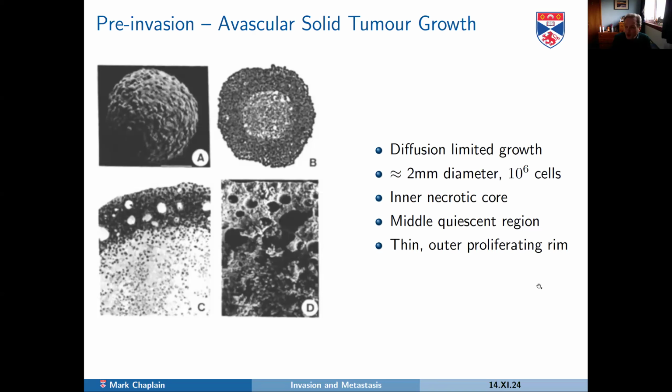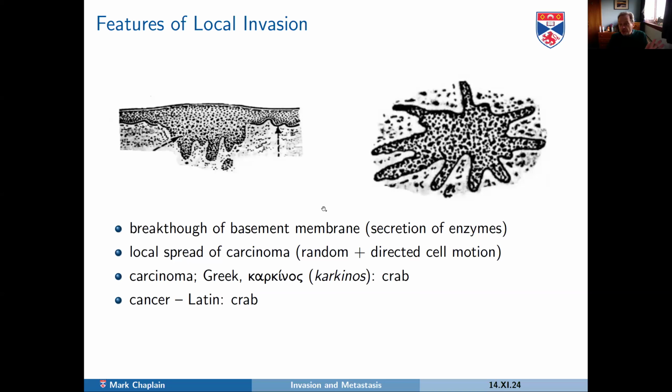So if all tumors simply grew to a few millimeters in diameter, then that wouldn't really be a problem for people who had such a thing. In fact, at this size, you're not aware that you have a small avascular tumor in your body, unless it was, say, on the surface. But inside, you're unaware.